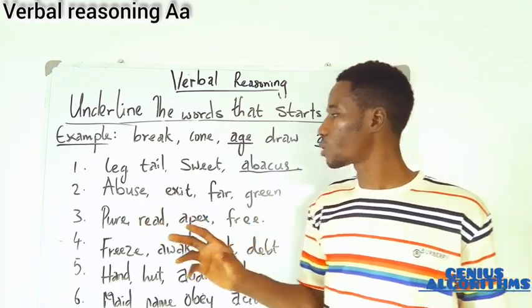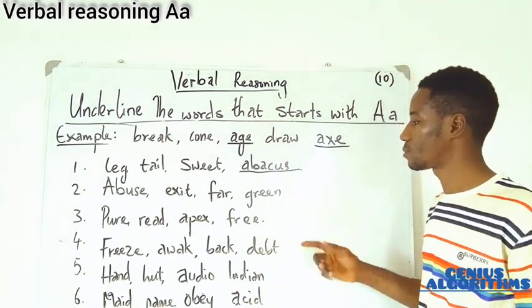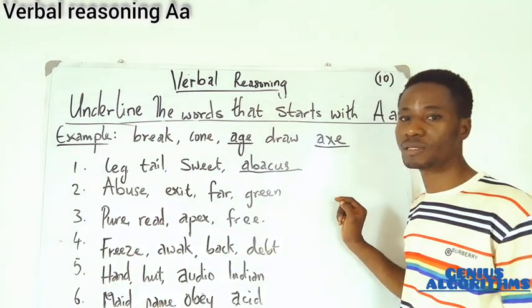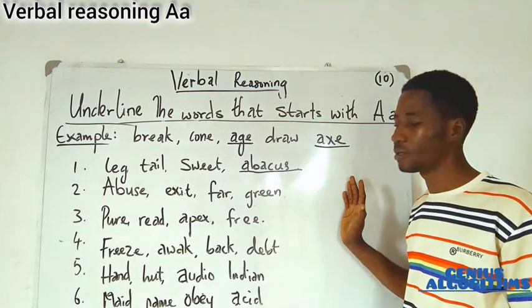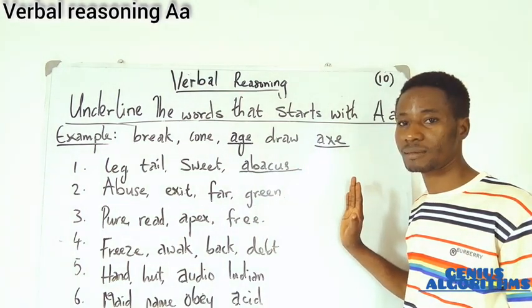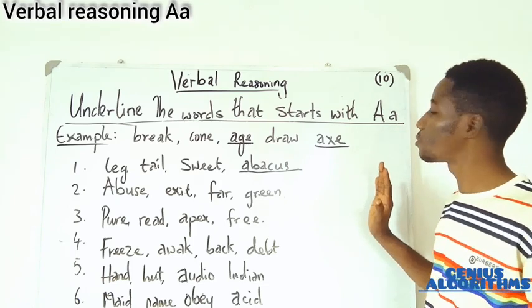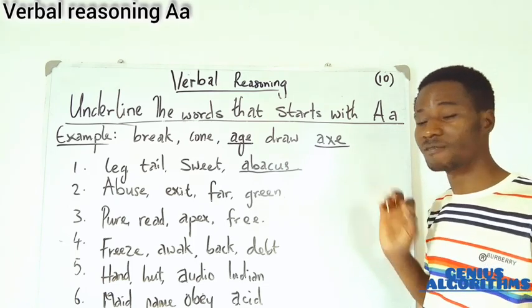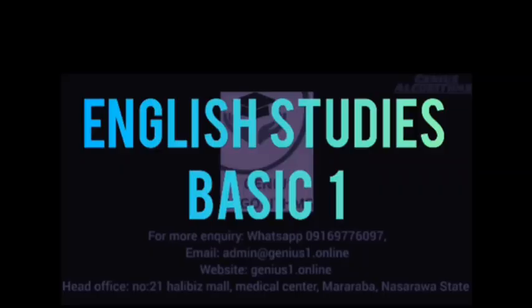So what you need to do is pick one, and then just underline the ones or the one you're having starting with letter A. So that's the question, and you need to do this work. And then we move to activity 11 to see what we'll have there.